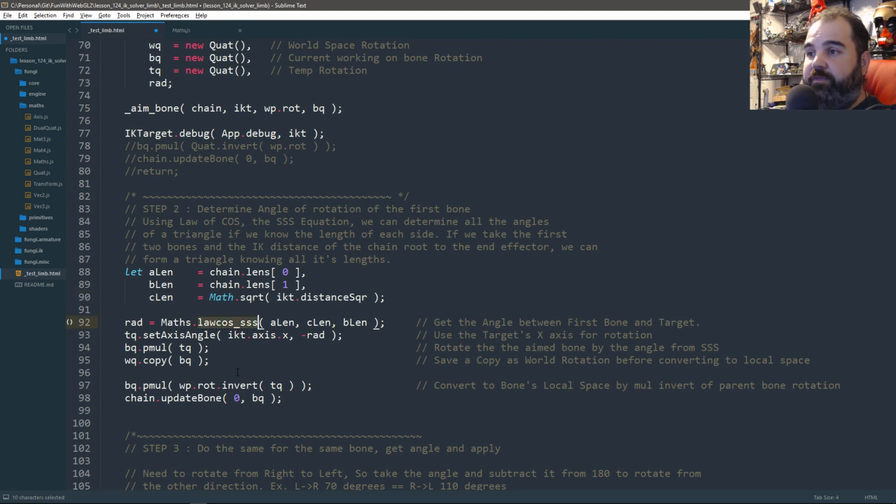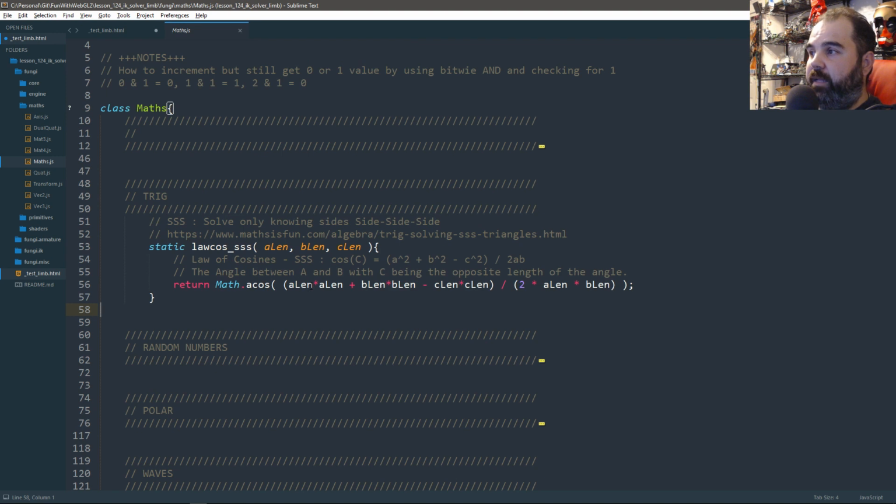Then we have the law of cosines SSS, and this is what the equation looks like. I basically copied exactly what's on this page; that's where I got the equation from. By using this one function, we can solve every angle of the triangle. We just have to choose A and B and know what C is, and C is the opposite of the angle we're looking for.